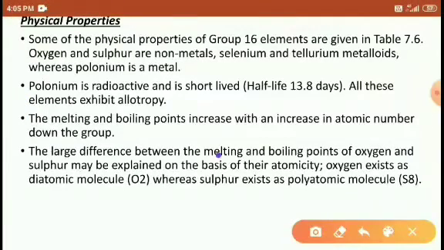The large difference between the melting and boiling points of oxygen and sulfur may be explained on the basis of atomicity. Oxygen exists in the diatomic state and sulfur exists in the polyatomic state. So that's why the melting and boiling points are different here.